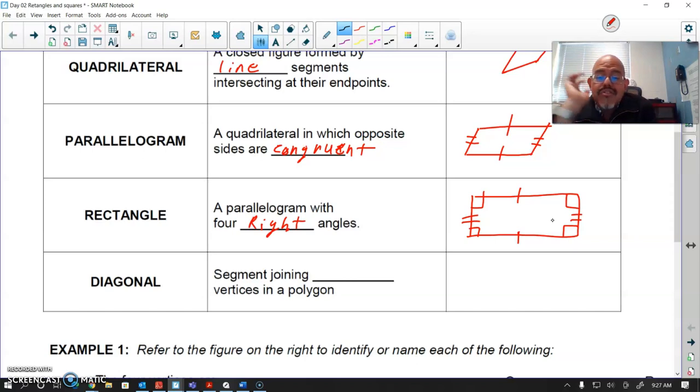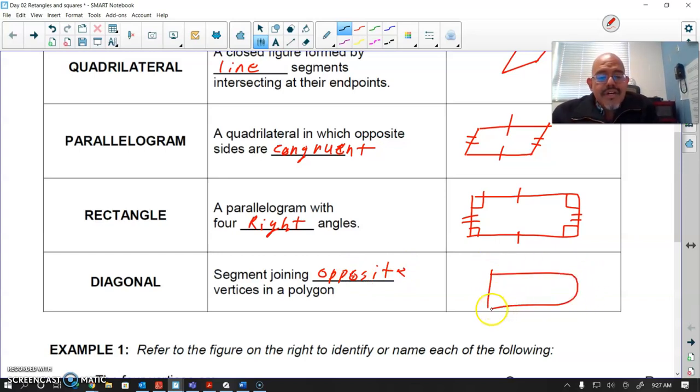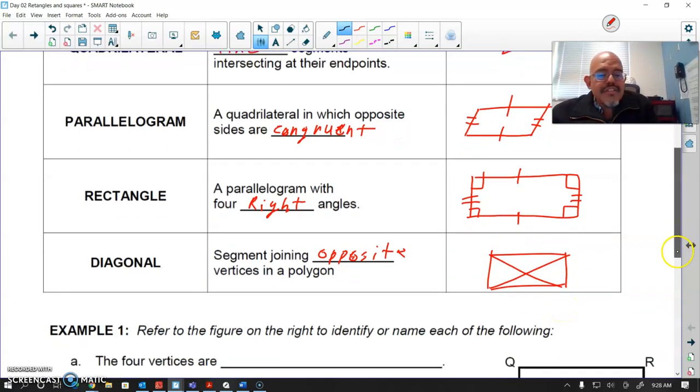So a diagonal is a segment joining opposite vertices. The reason why they have the opposite right here is because there are certain properties that a rectangle actually has.